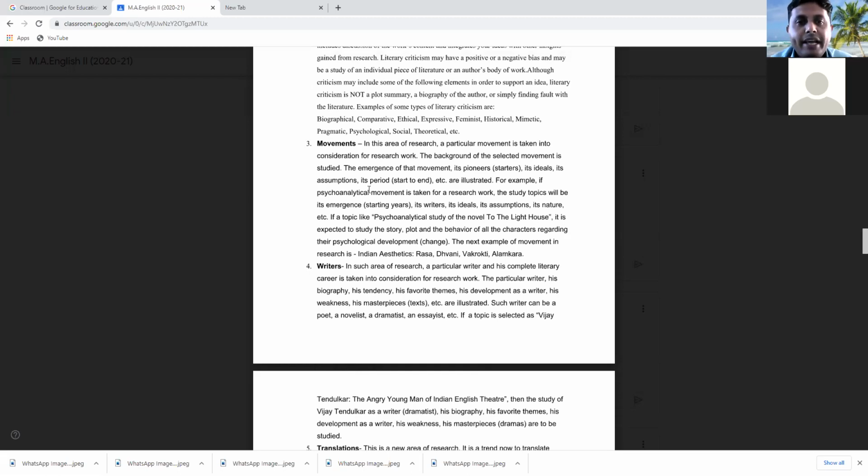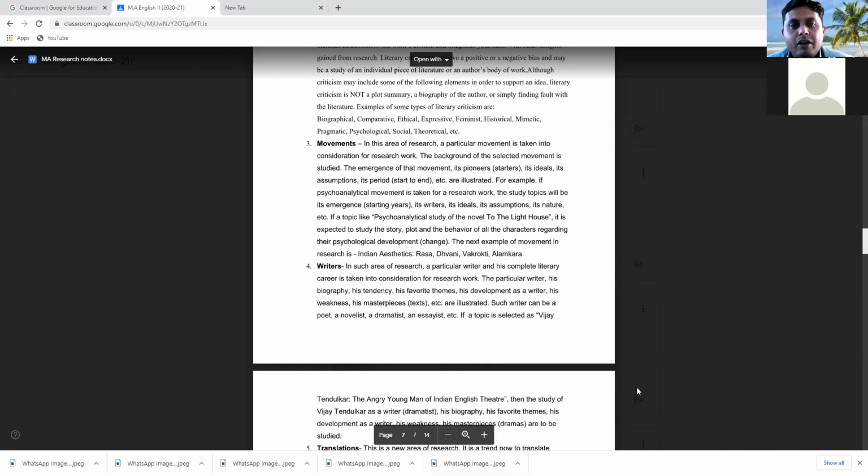For example, the change of writing poetry in the romantic movement. If the study is this, it can be called movement study, right? So the impact, or let's say the characterization of woman in the Elizabethan age, in the Elizabethan movement, becomes the study of movements in literature. So the background of the selected text is studied over here.